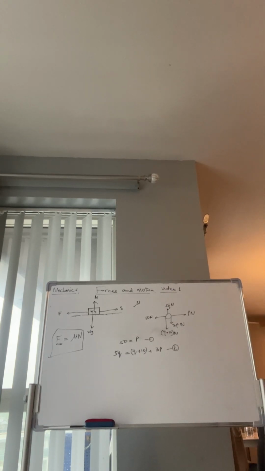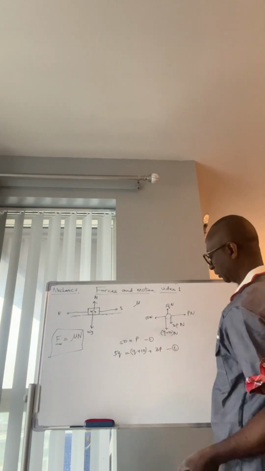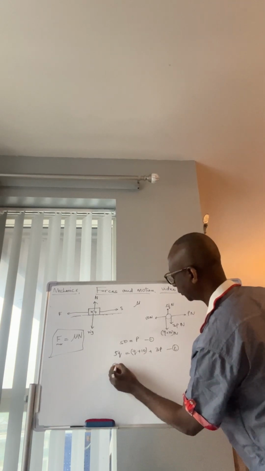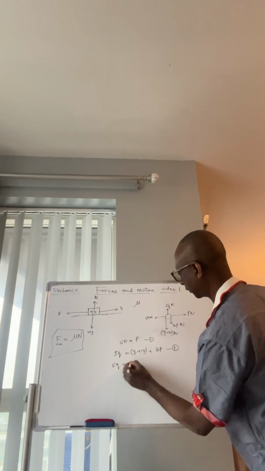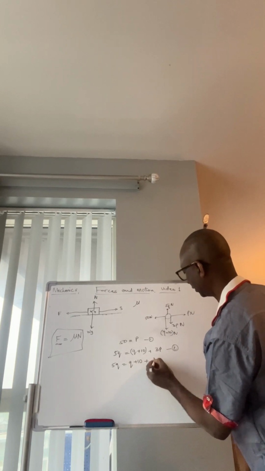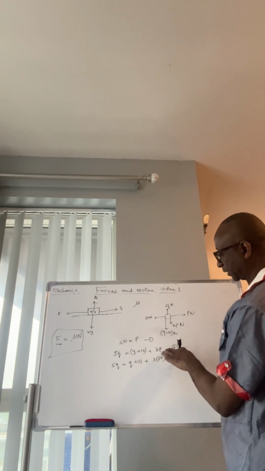Let me look at the problem again. 50 N, yes. So if P is 50, you just substitute 50 where you see P. So here you have 5Q is equal to Q plus 10 plus 3 times 50, because we are told P is 50.